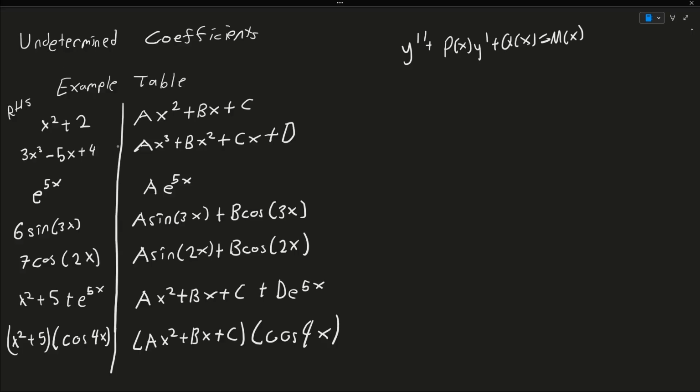Let's say you have a polynomial, and this polynomial is a second degree polynomial because the highest exponent of x is 2. So you will have a polynomial ax squared plus bx plus c. Well, we don't have an x term here.